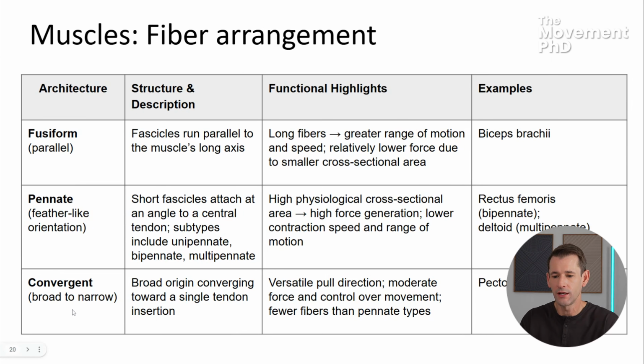Convergent, broad to narrow, fan shape, these are all saying the same thing. Broad origin, converging on a single tendon. Versatile pull direction. So because of that, we can use a convergent muscle to move across several different directions. So think about your pec, which has roles in horizontal adduction, flexion, and extension, depending on where your humerus is.